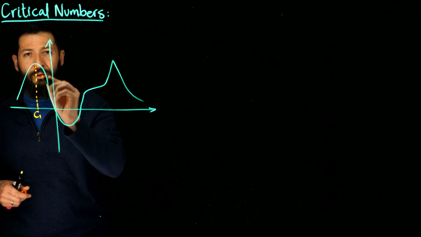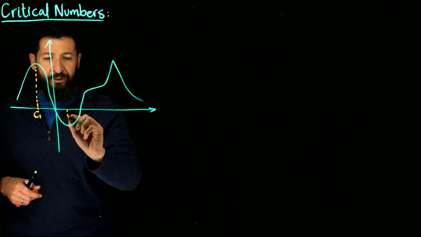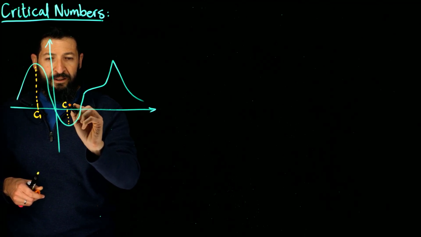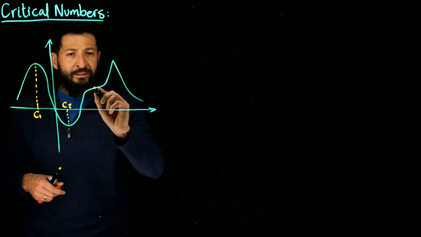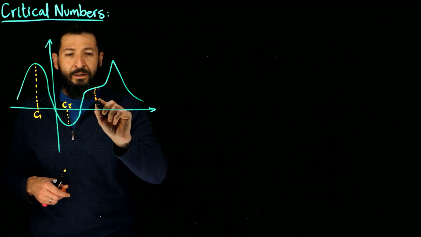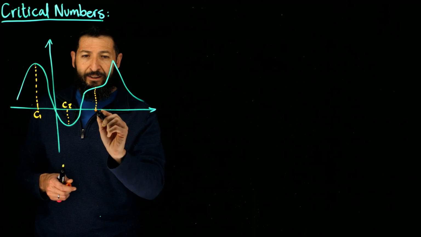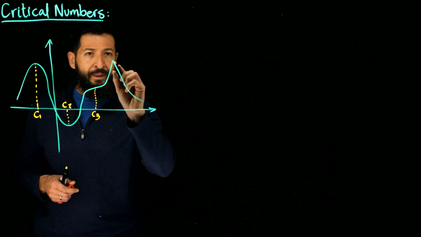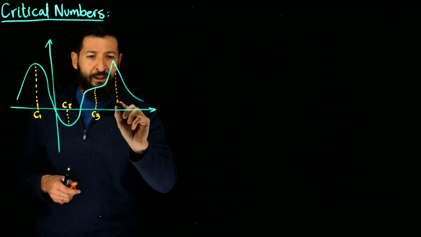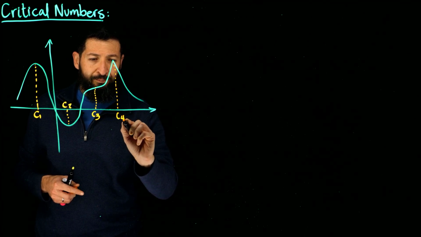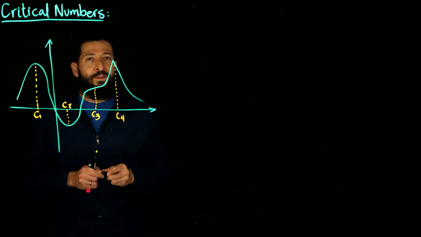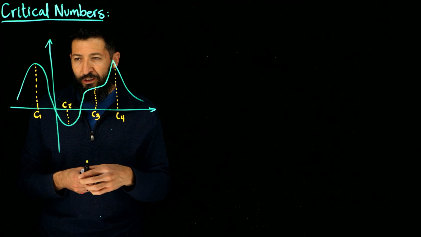Let's call that C1. There's a relative minimum here, C2. There's an interesting point around here, which is neither a minimum nor a maximum, but the graph flattens out there, C3. And there's another point of interest right here, C4. So let's try to figure out what's happening at all these points.